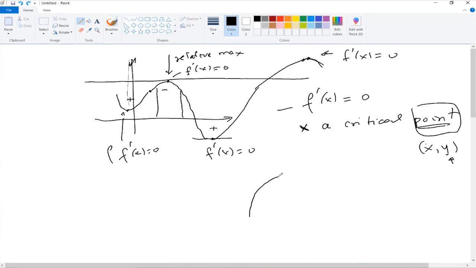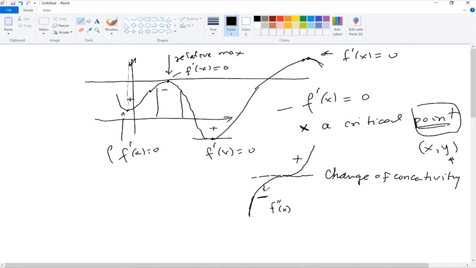Sometimes a function goes like this and seems to have a maximum here, seems to, but really what it is doing is that it is concave down, and this is concave up. Change of concavity. This is calculated using the second derivative.